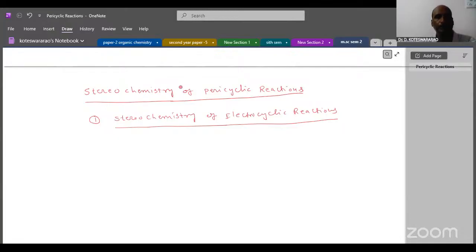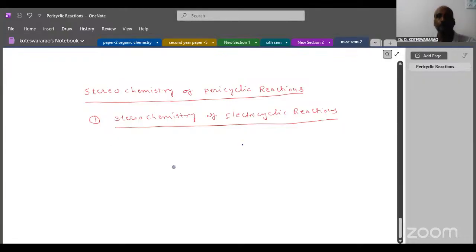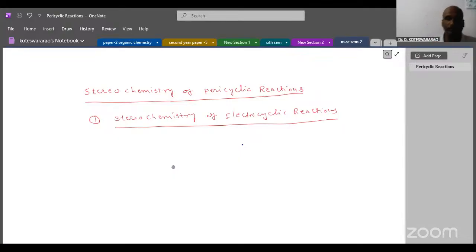Right. Do you know the definition of the electrocyclic reaction? Yesterday we discussed the electrocyclic reaction definition. What is that? The formation of a sigma bond between the two terminal carbons.